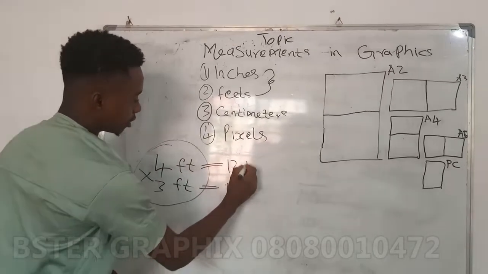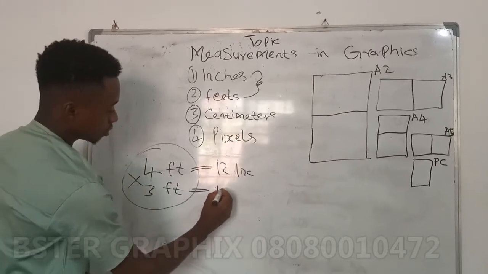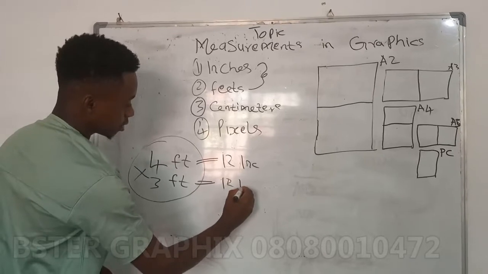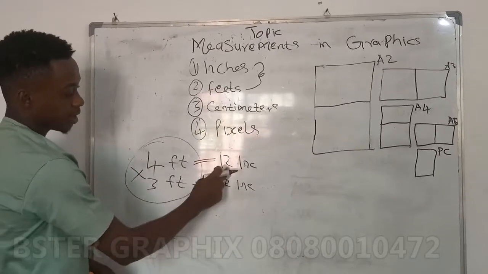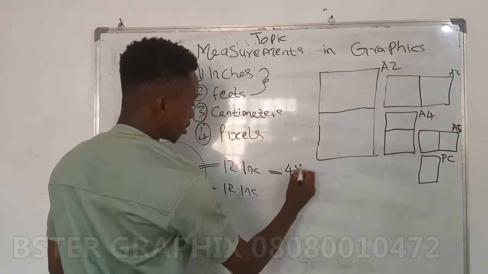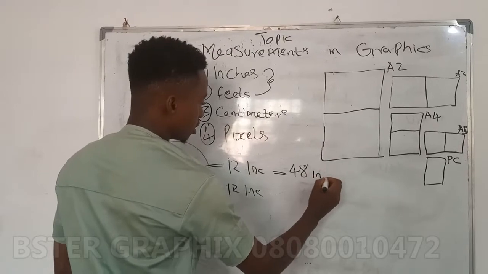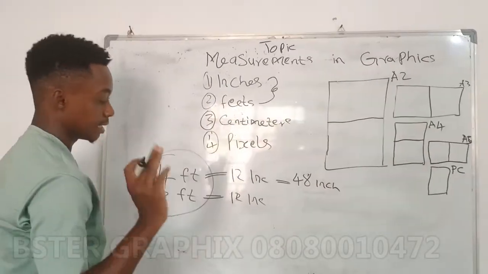It is 12 inch. Then this one is also 12 inch. So if I times this 4 feet by 12 inches, it will give me 48 inches. You understand? I'm not talking about banner.